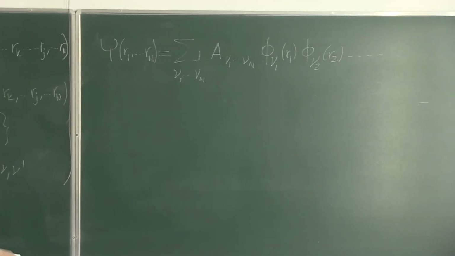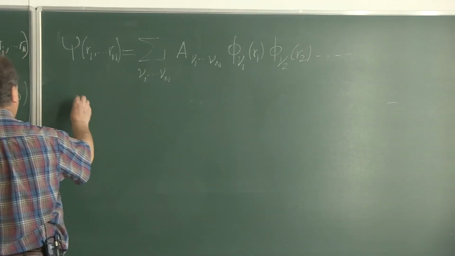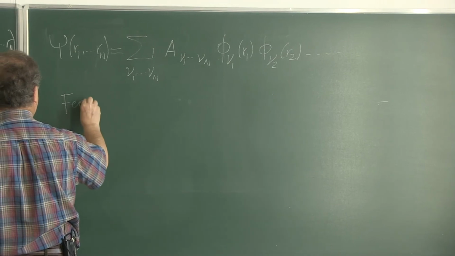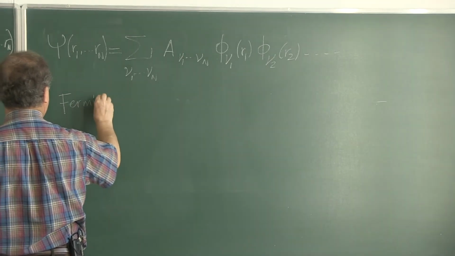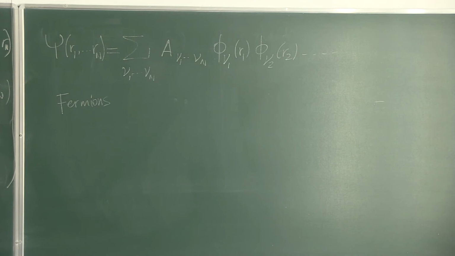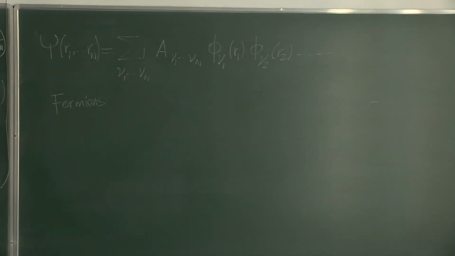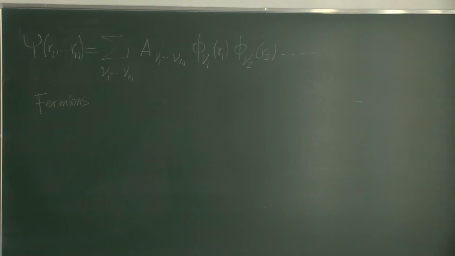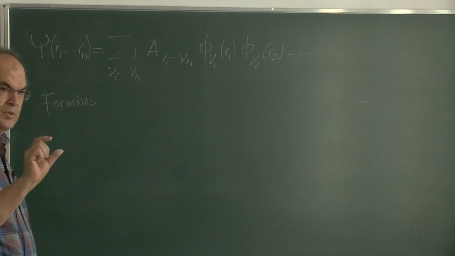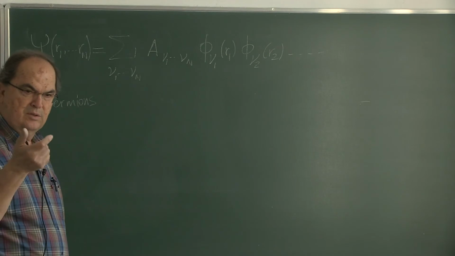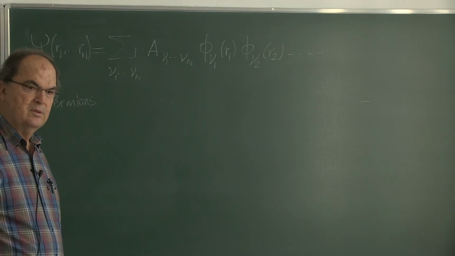And of course, for fermions, it has to take an anti-symmetric form. Do you remember any form which changes sign when you interchange two particles in physics?